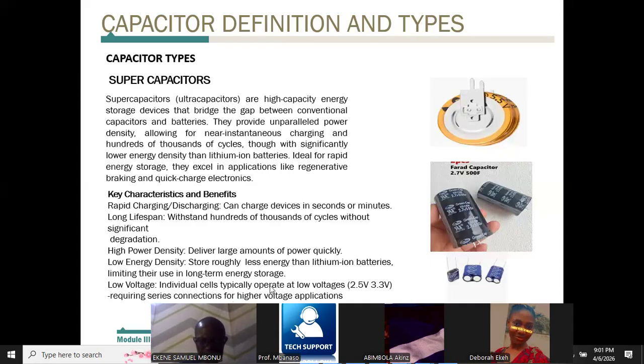Low voltage, they normally operate at low voltages, 2.3 to 3.3 volts. If you want to get a high voltage from them, you have to cascade them, okay, connect them in series. When you connect in parallel, you have the same voltage.